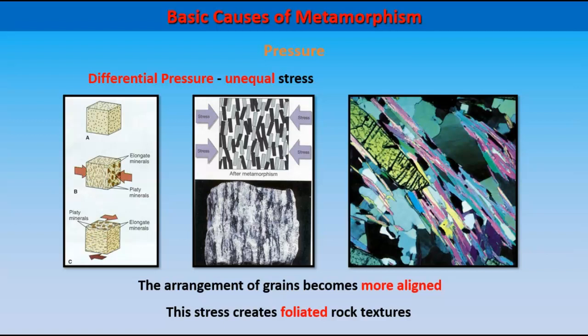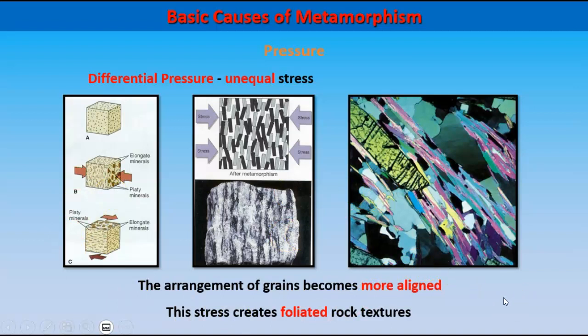It's caused by this stress, this collision, usually at a convergent boundary. So we argue that the foliated texture means regional metamorphism, probably near a convergent plate boundary, and it's the result of this high differential pressure. Even though temperature is involved and fluids are involved, it's the big differential pressure that's causing this texture here.